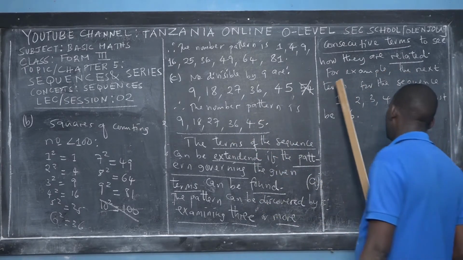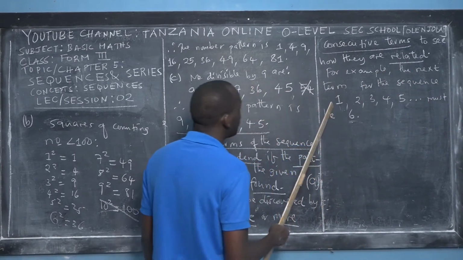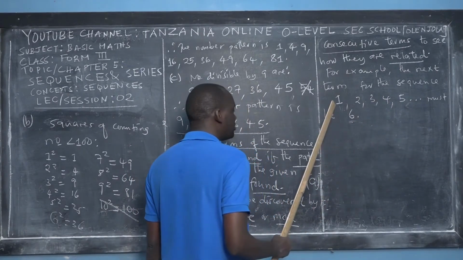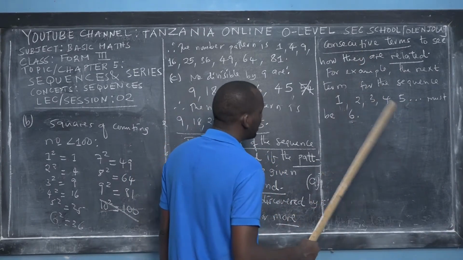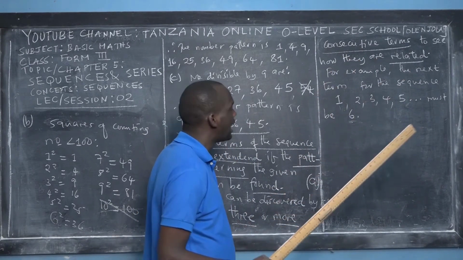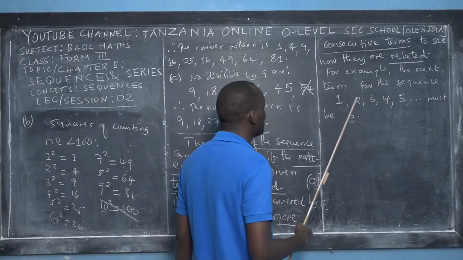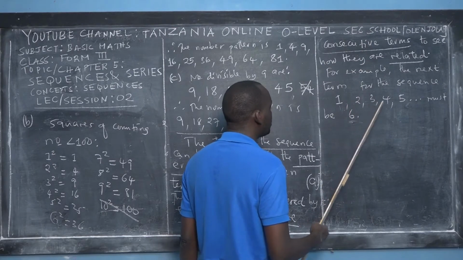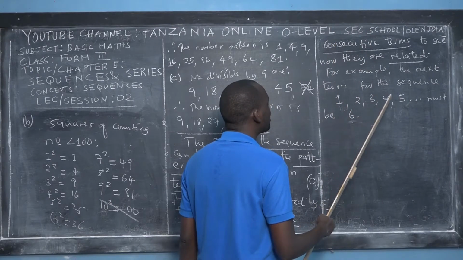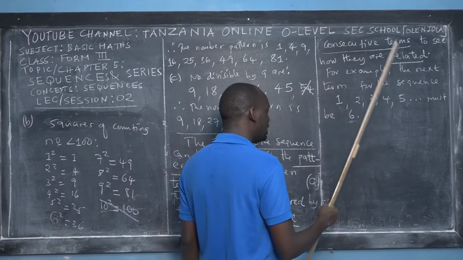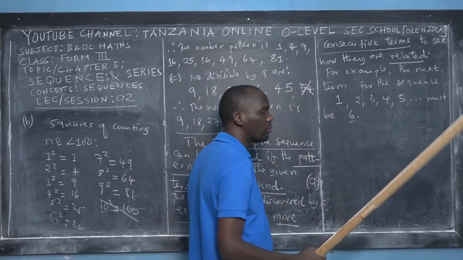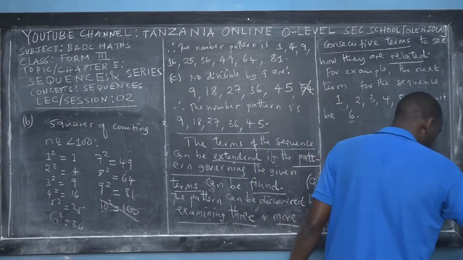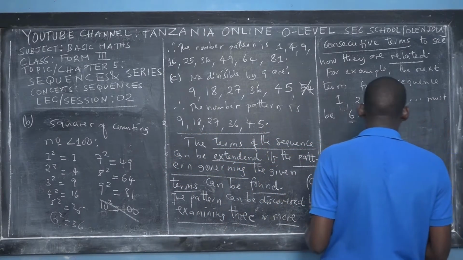For example, the next term for the sequence 1, 2, 3, 4, 5 must be 6, then the next after 6 must be 7, and the next after 7 must be 8. Why? Because the difference between the first and second terms is 1, between the second and third terms is 1, between the third and fourth terms is 1, and between the fourth and fifth terms is 1. So that's the rule that has been used to formulate this pattern.